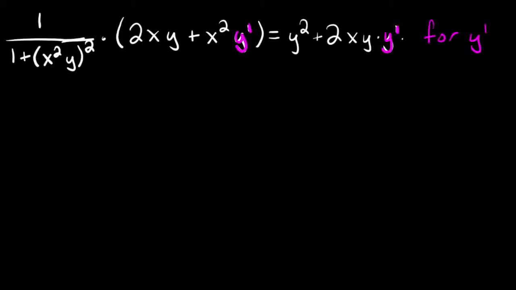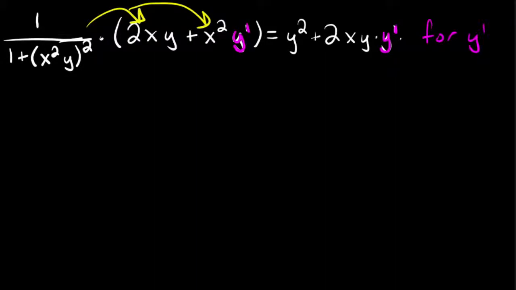So the very first thing that I'm going to do is take care of that. So I'm going to get rid of the parentheses by distributing this guy on both of these. Another option you have also is you can multiply both sides by this denominator right here. But I'm just going to do it this way.